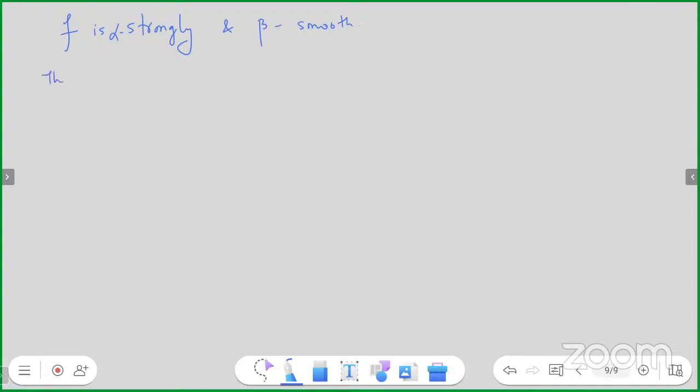Then gradient descent with again a constant step size of 2 over alpha plus beta. It uses both the strong convexity parameter as well as the smoothness parameter. That is 5.